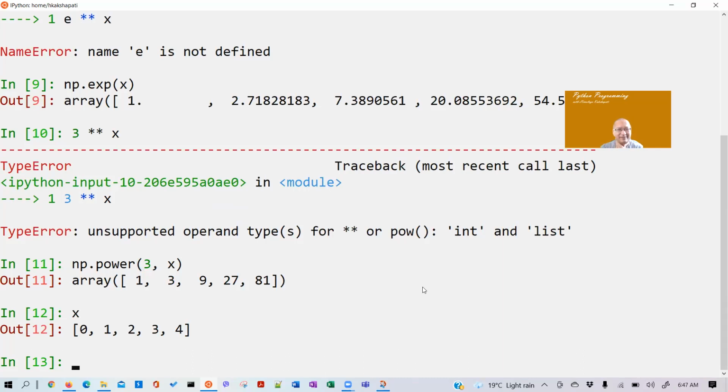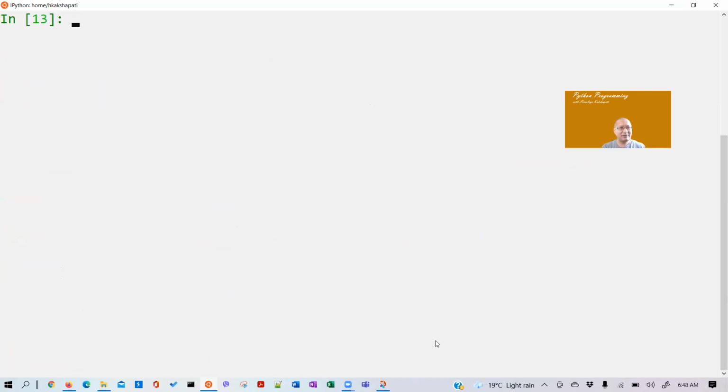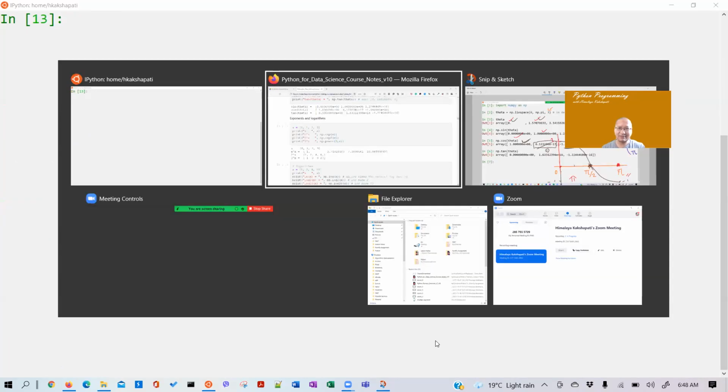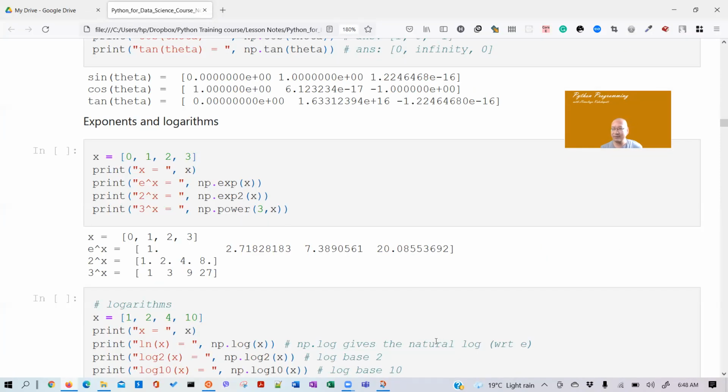And so on. Anyway, the point is how easy it is.